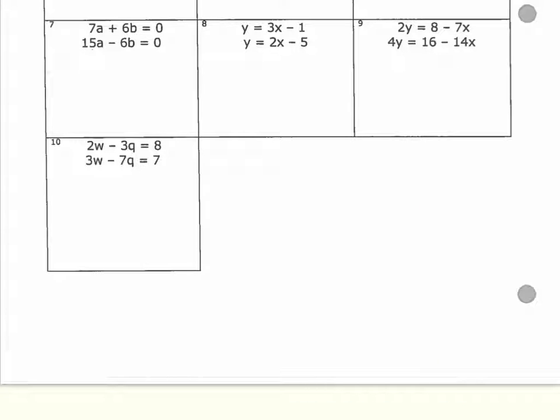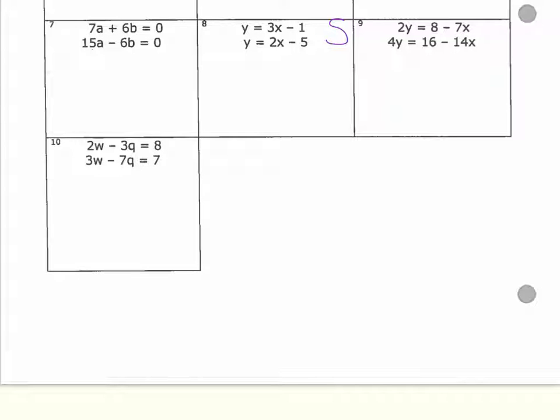Okay, and so for this final one, we're going to look at how to solve number 8 by substitution here. You could certainly choose graphing. I just don't have a nice clean graph to use, but that is obviously a choice if you would rather. So let's look at number 8, where we have y equals 3x minus 1, and we said we had two options, substitution or elimination.